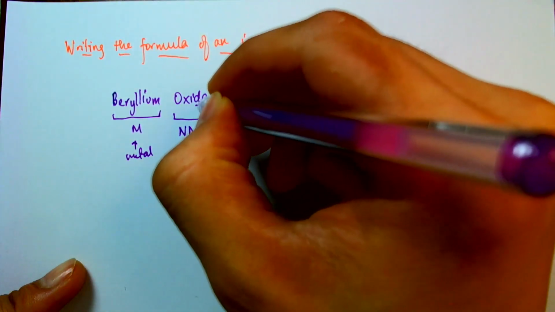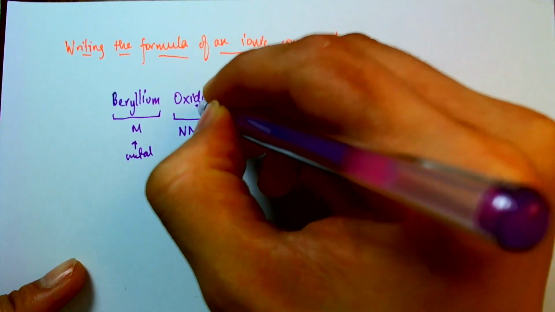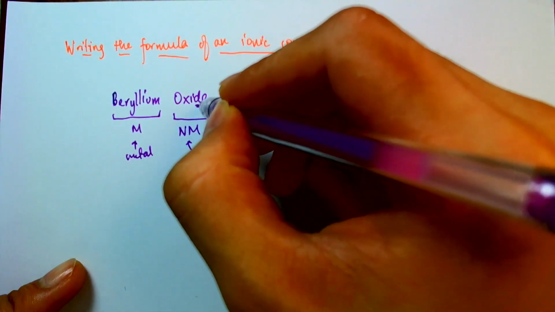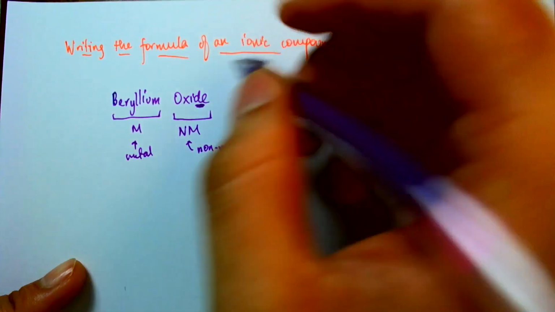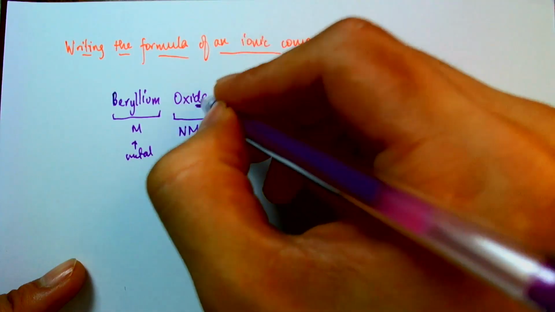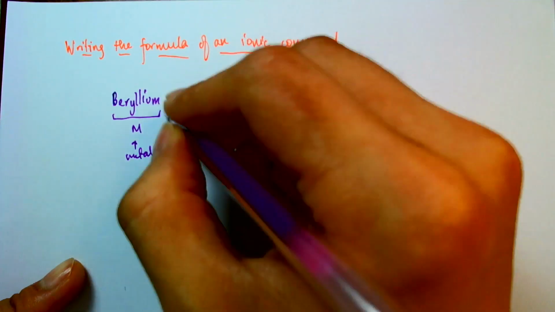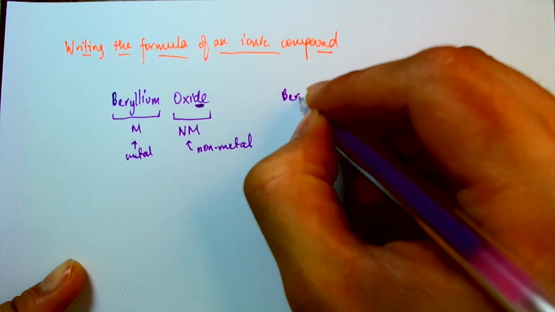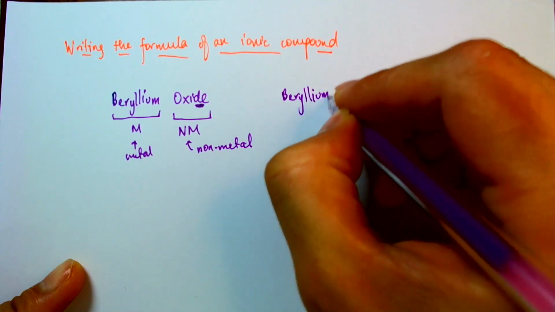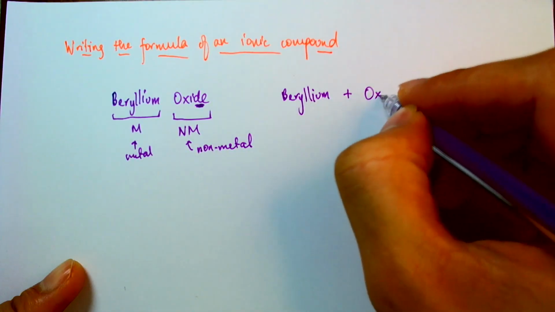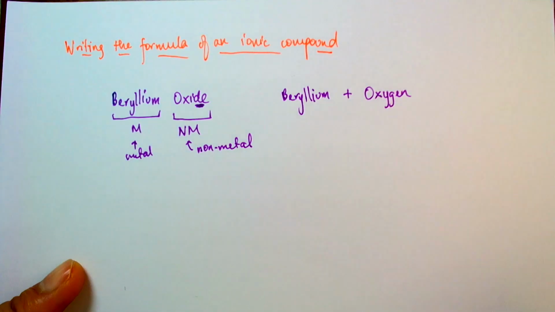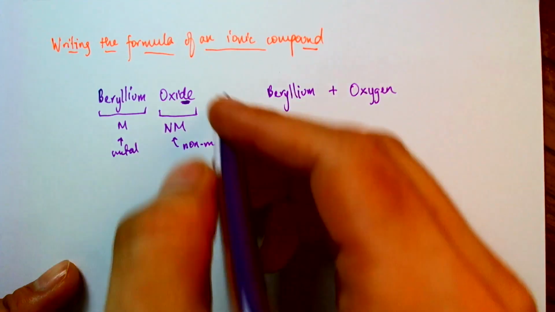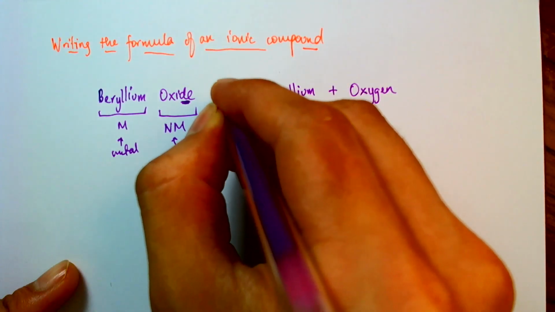And notice the IDE spelling here. Whenever you see the IDE spelling, it just means that there's only one element in this thing, namely oxygen. So this is a combination of beryllium and oxygen somehow. So they combine to form beryllium oxide.